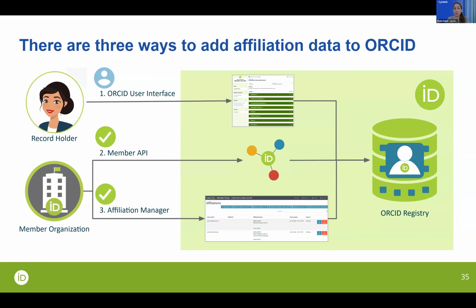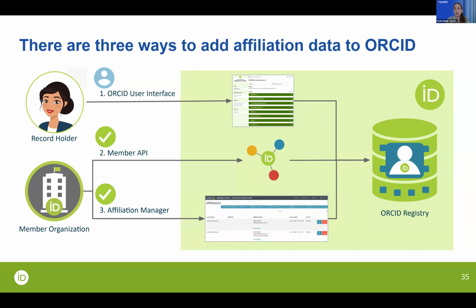Okay, so now I'm just going to quickly make a side note here and explain that both researchers and organizations can really benefit from ORCID most when researchers have information populated in their ORCID record. And there are 3 ways to get information into a researcher's ORCID record. The first is for the researcher themselves to manually add their own information through the ORCID user interface online.